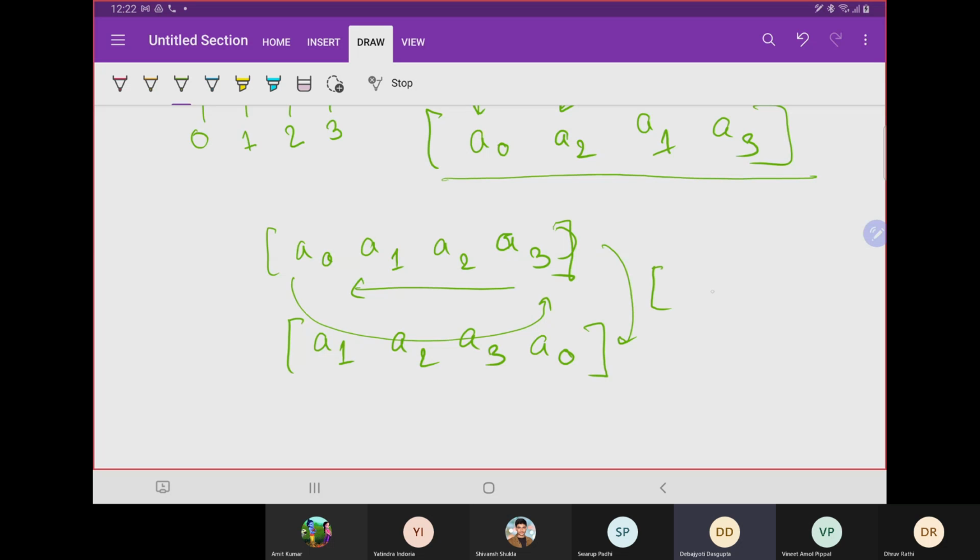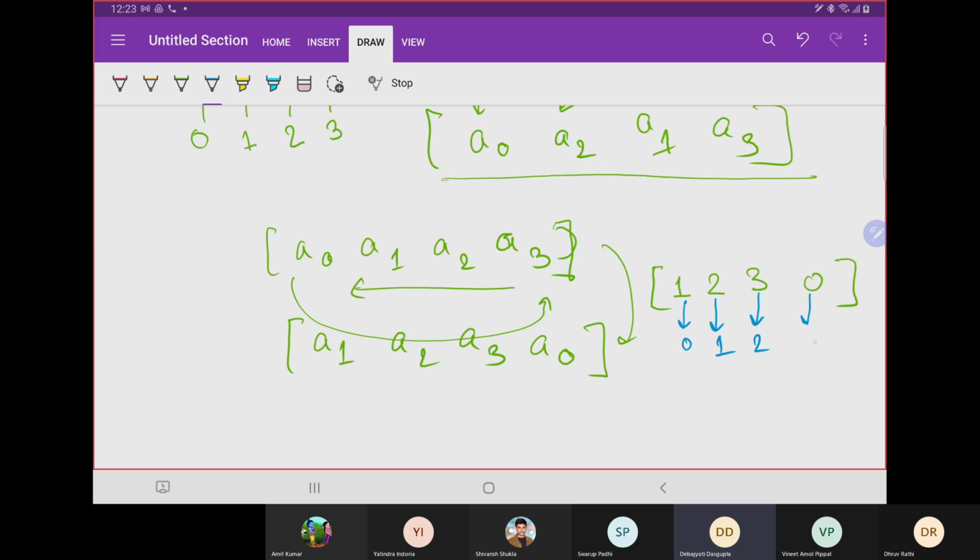This permutation of left shift can be defined as 1, 2, 3, 0. Take the first element and move it to the zeroth position, take the second element and move it to the first position, take the third element and move it to the second position, and take the zeroth element and move it to the third position.